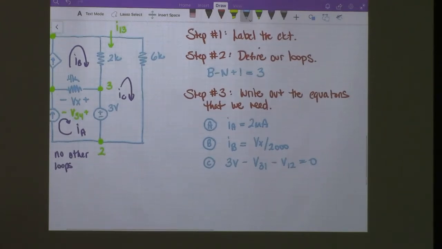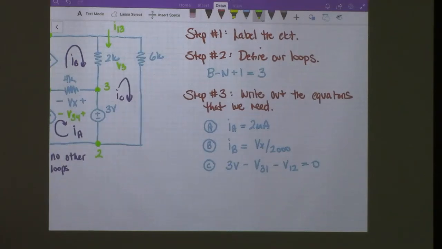Here we're starting to skip steps a little bit. If I were to draw out V31, that would have a polarity that looks like that. And if I were to draw out V12, I would have a polarity that looked like this. So both of those polarities oppose that of the 3 volts.